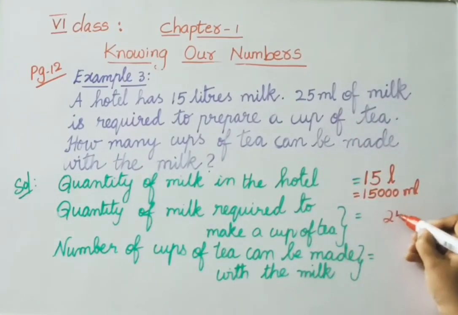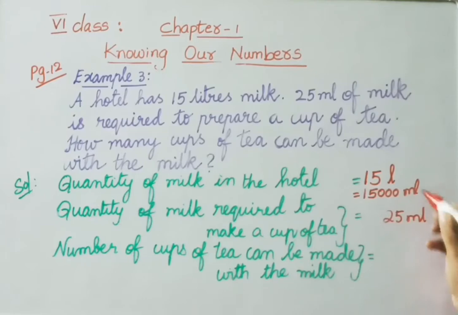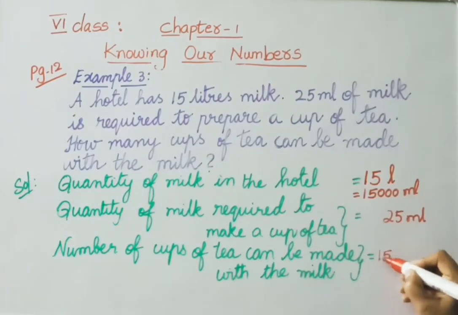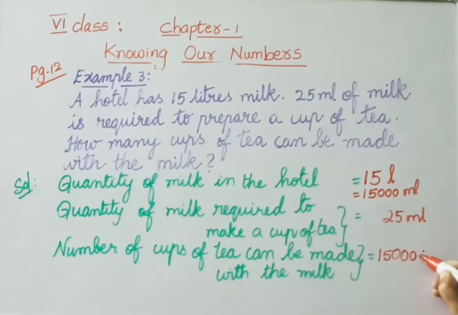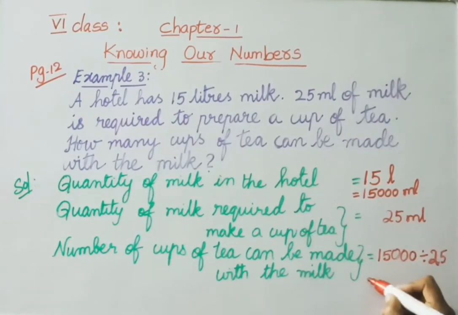So what we have to do now? We need to divide them both. So 15,000 ml total quantity is divided by the quantity of milk to make a cup of tea, that is 25 ml. So 15,000 divided by 25. Let us divide that.